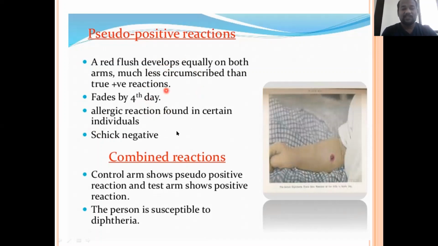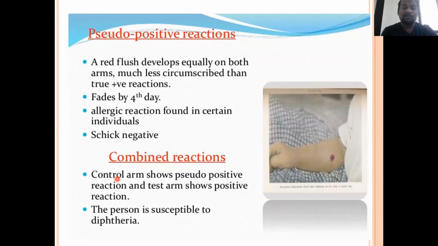Then another result that may be observed is a combined reaction. In this case, the control arm shows a pseudo-positive reaction, and the test arm shows a positive reaction.